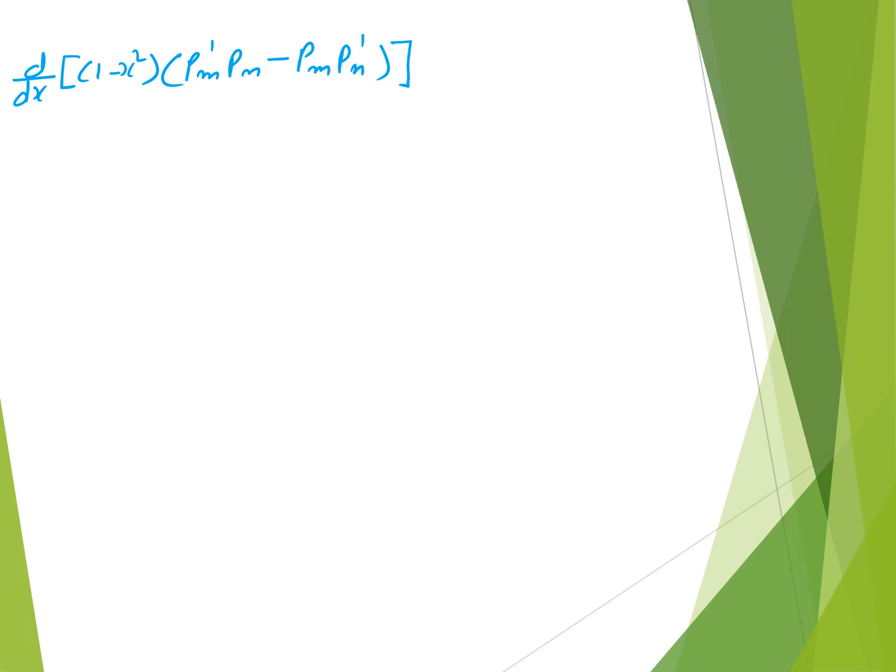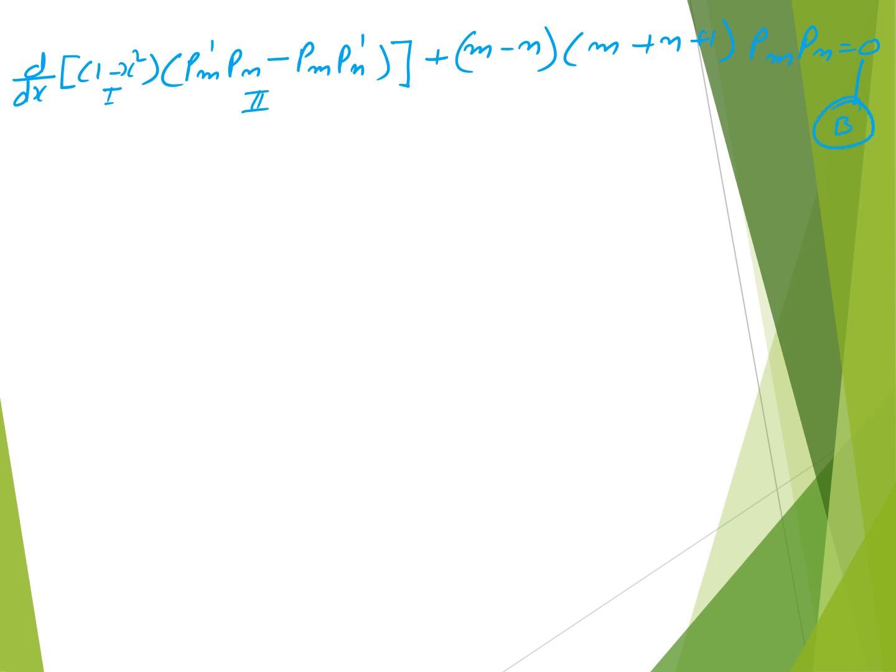If we differentiate it using the product rule, we find the previous first two terms plus the remaining term, (m - n)(m + n + 1) Pm Pn, equal to 0. Now this is equation B.